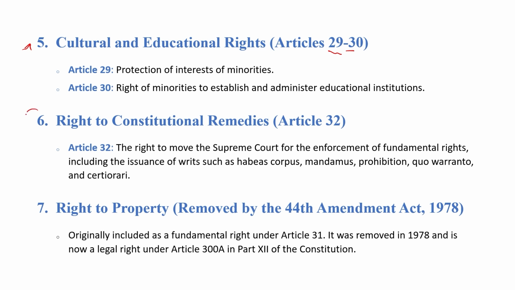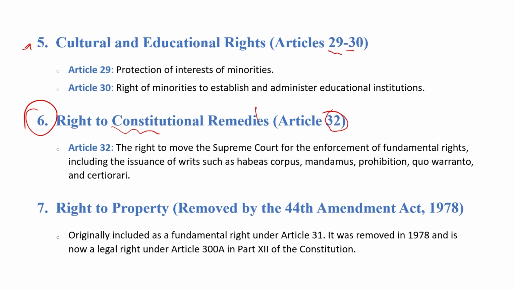And our last fundamental right, the sixth fundamental right, is right to constitutional remedies, according to Article 32. Okay, right to constitutional remedies. B.R. Ambedkar said that right to constitutional remedies, or Article 32, is the soul of fundamental rights.